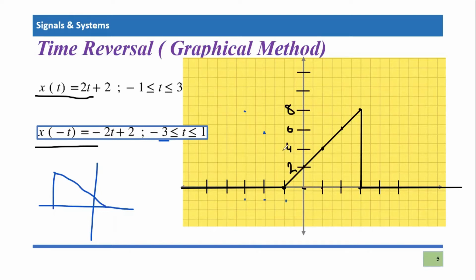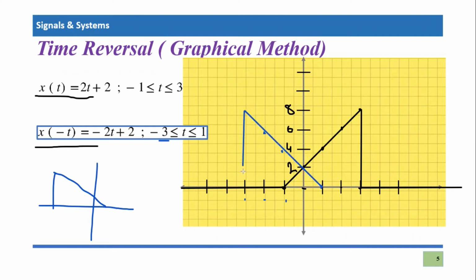And at 0, its value would be simply 2. And at +1, minus 2 into 1 would become -2, and plus 2 would become 0. So if I connect these 2 points, it will become like that.